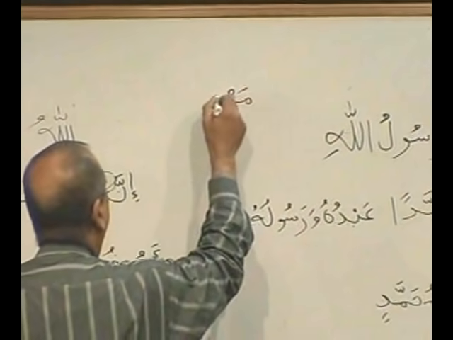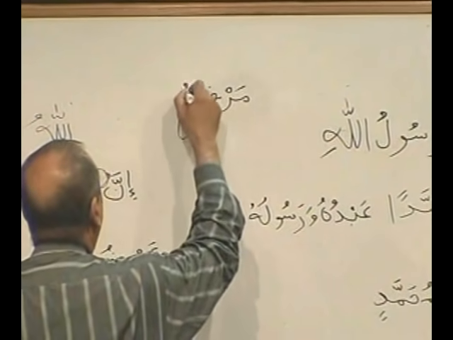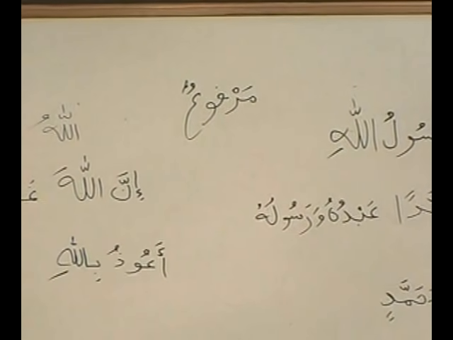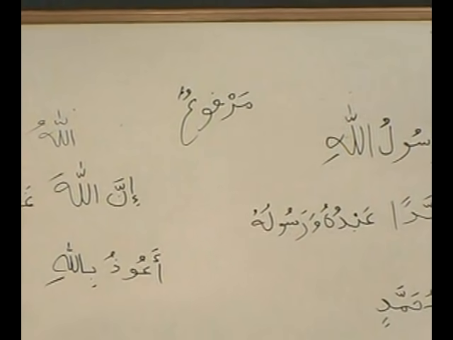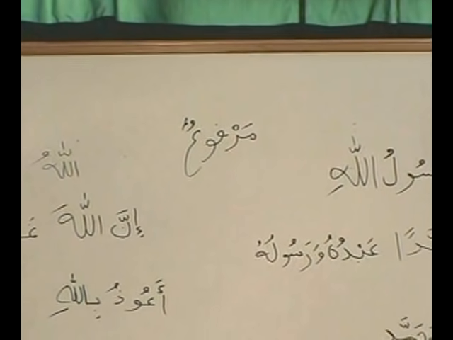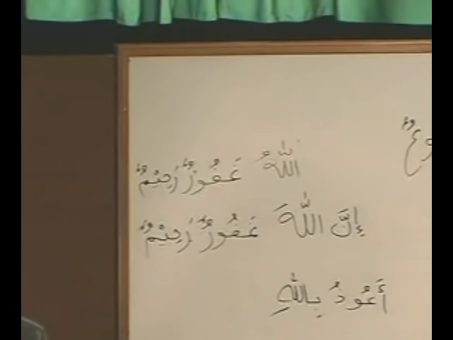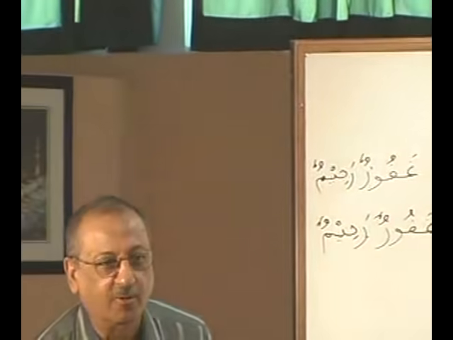What is it called, brother? This you will have to memorize. Marfu. Are you with me, brothers and sisters? If the noun ends with a dhamma, you will say the noun is marfu.